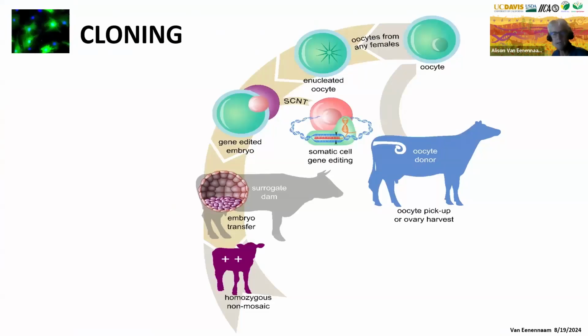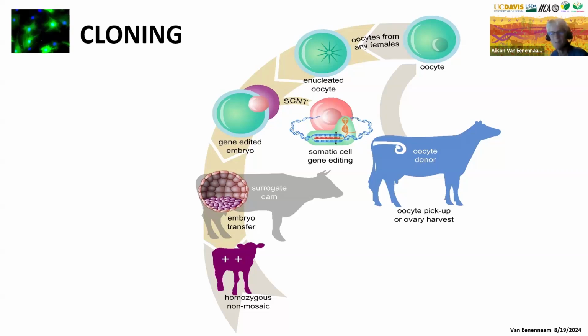The first way is doing the cell editing in somatic cells, and then taking an egg from a donor female, removing the nucleus, and taking that 2N nucleus that's been edited and putting it into an enucleated oocyte and activating it. That's what's called cloning, or somatic cell nuclear transfer cloning.